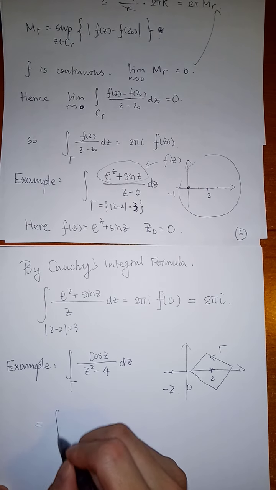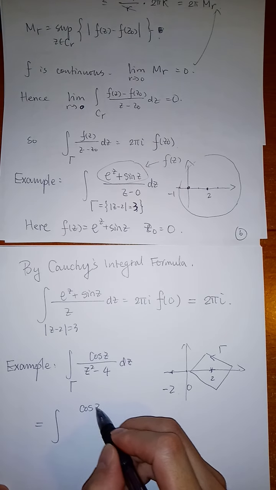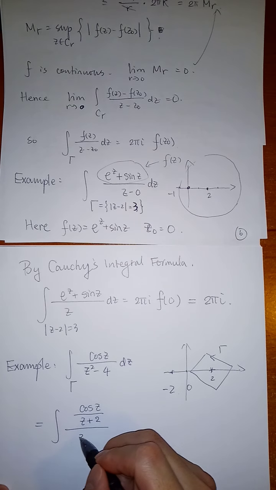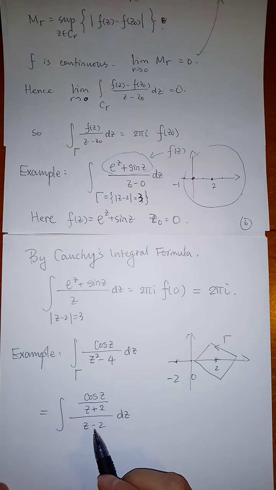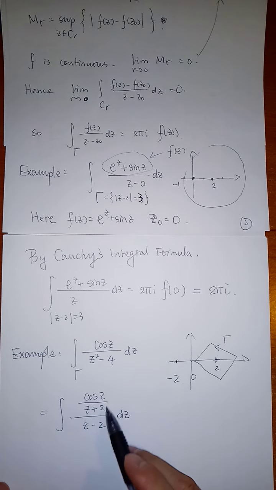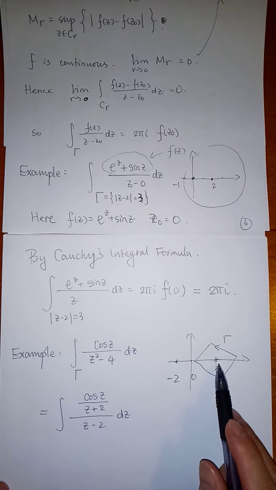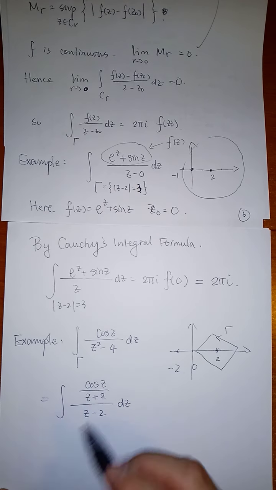So in order to apply the Cauchy integral formula, we need to factor z squared minus 4 as z minus 2 times z plus 2, and we have to combine the z plus 2 together with the cosine, because only 2 is included in the closed contour.